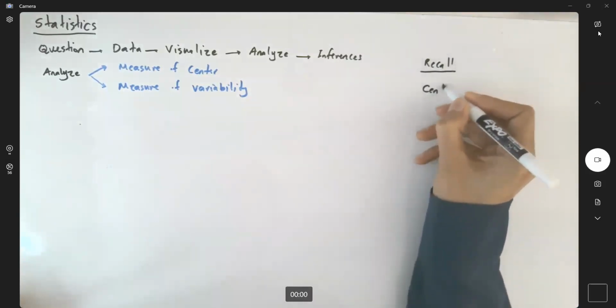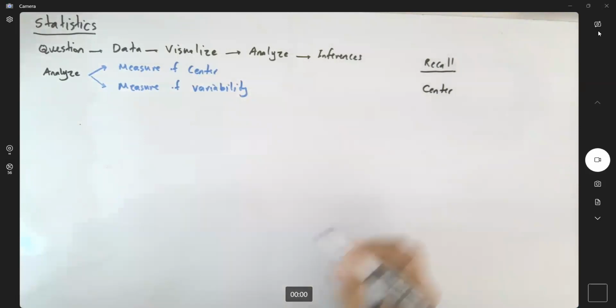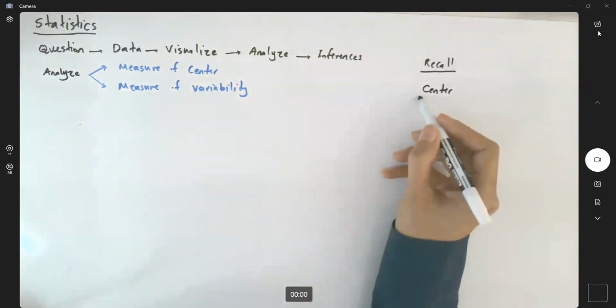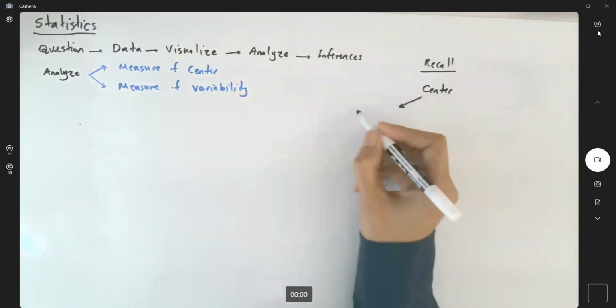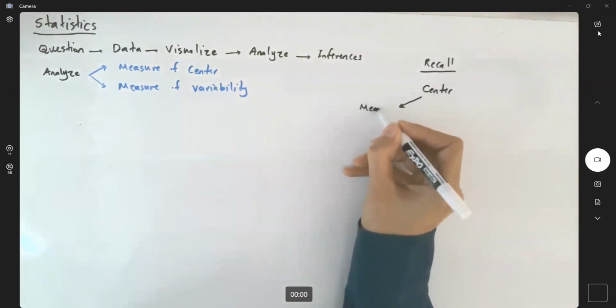For the center of the data, we have three different things to measure. The very first one is the mean or the average.